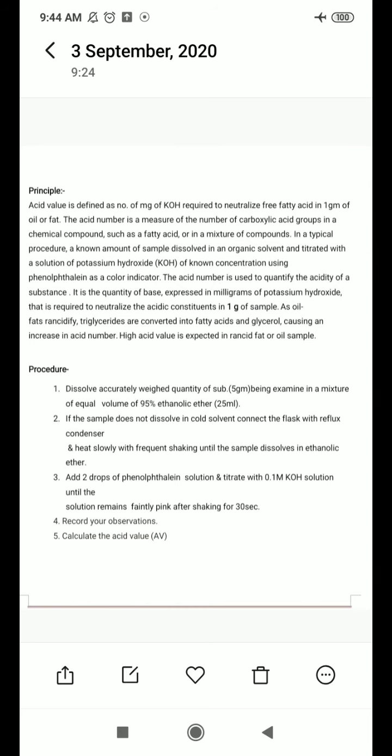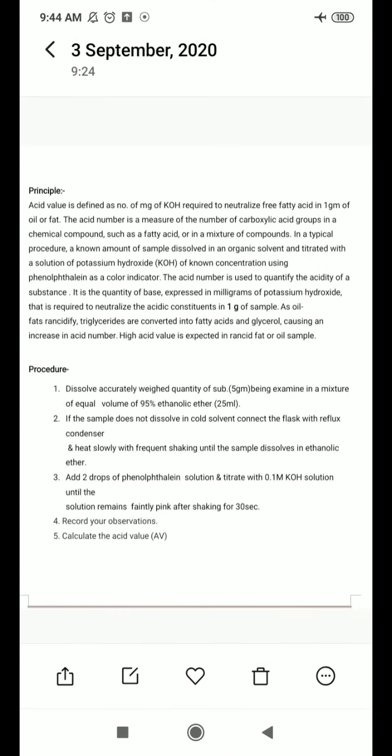High acid value is expected in a rancid fat or oil sample. If there is a high value, there may be chances of rancidification of your fat or sample.